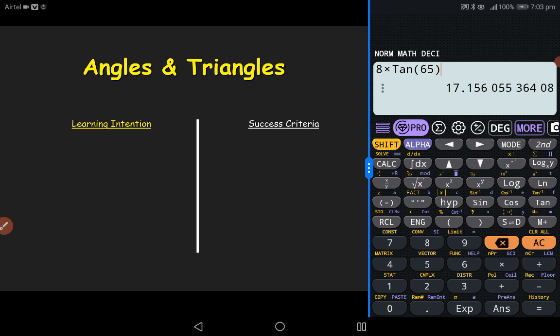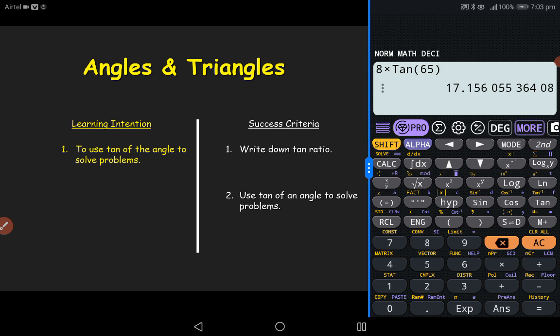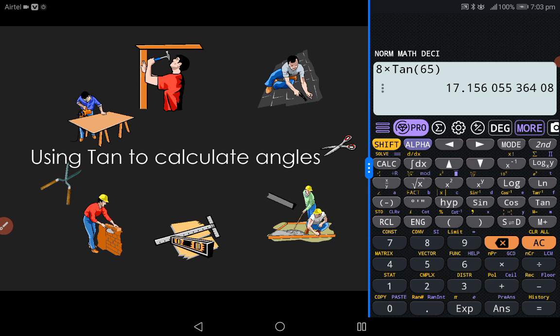Now, second part of the topic, we want to look at how to use tangent of an angle to solve problems. You should be able to write down the tan ratio and use tan of an angle to solve problems. This is going to be our next lesson.